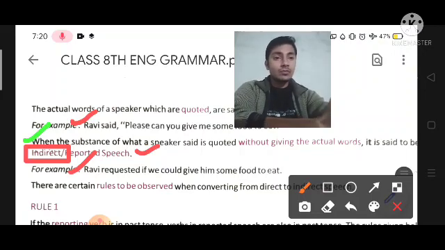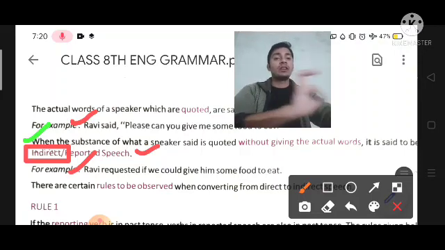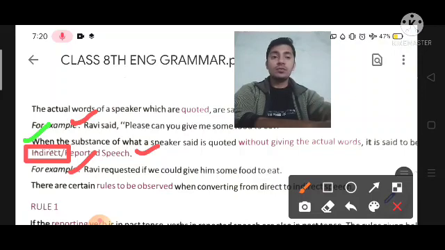But we have some rules and regulations, and according to them we will change our sentences from direct to indirect, and you will understand those rules after that. But till here, I want to repeat once again so that you will not be confused about what the direct speech is and what the indirect speech is.